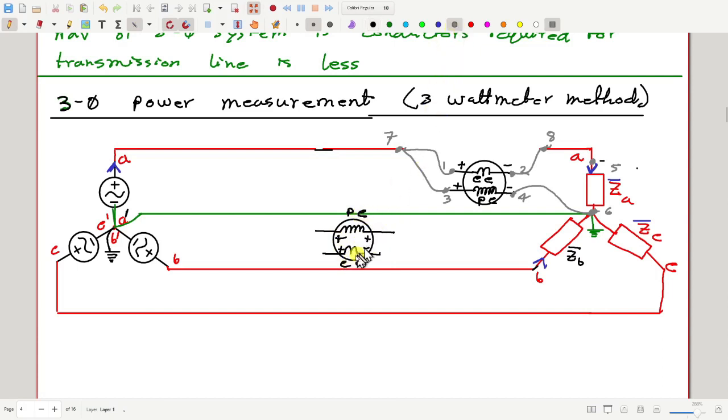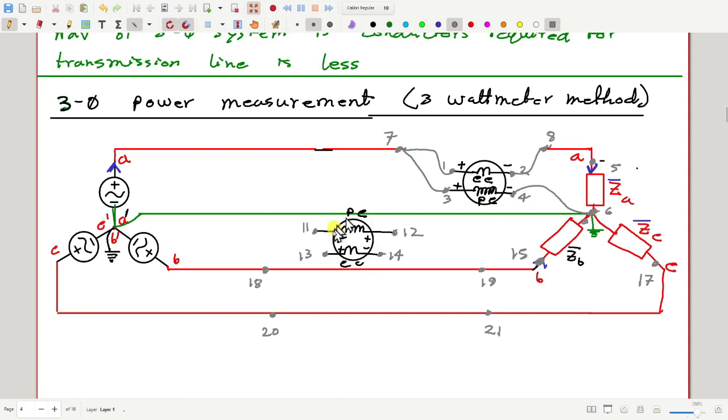Let me give names. 11, 12, 13, 14, this is 15, this is 16, then 16 and 6 are the same. Then maybe this is 17, 18, 19, 20, 21.